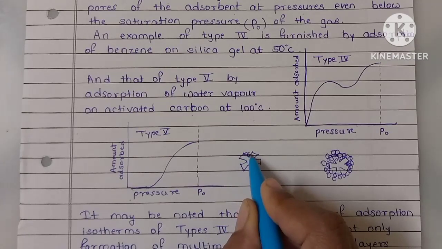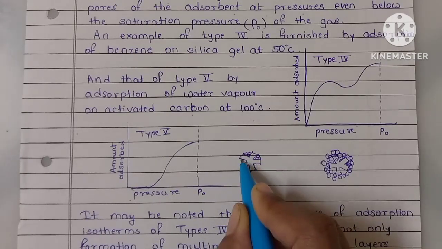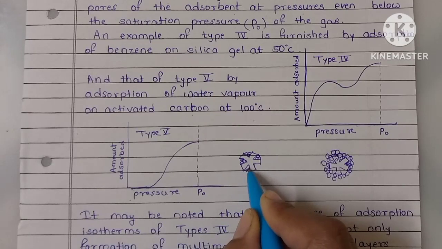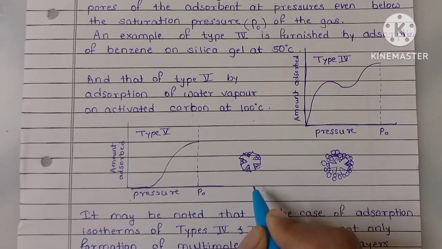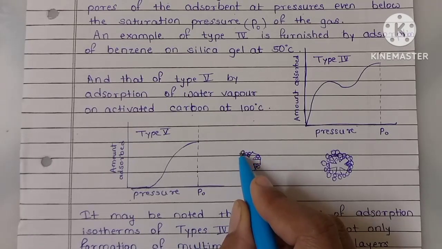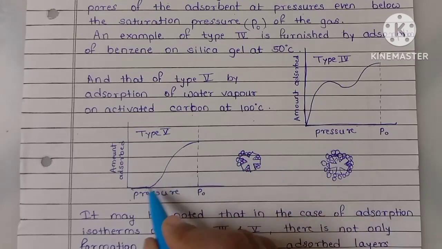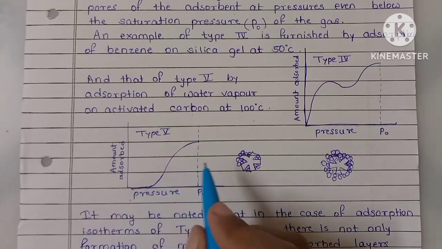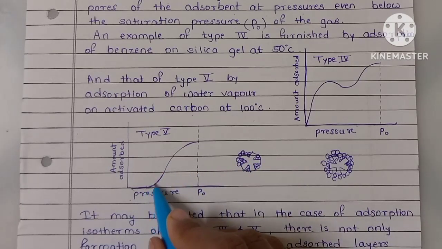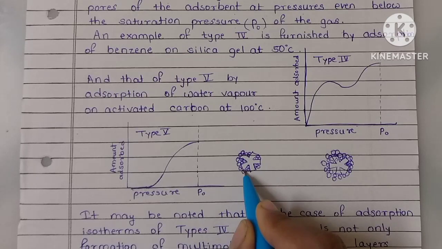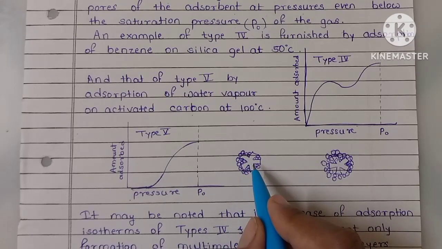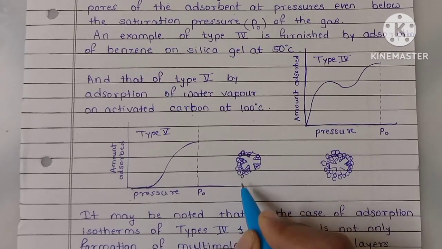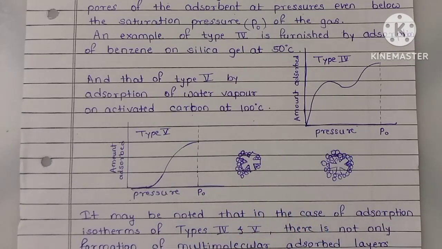First they fill the pore portion, and then after filling this portion, they start to adsorb onto the surface. After some pressure, the amount adsorbed increases. So as you increase the pressure, multilayers are adsorbed on the surface. I hope this point is getting clear.